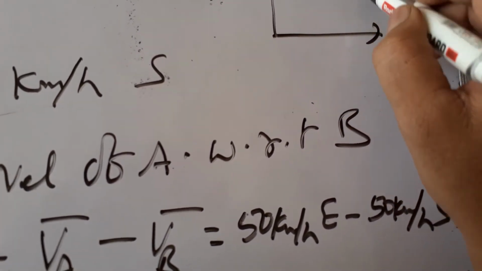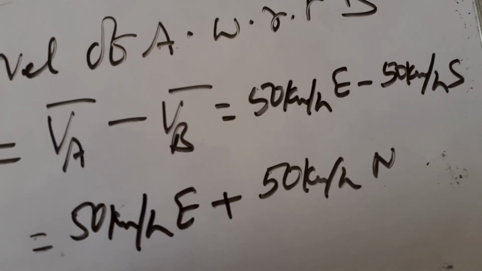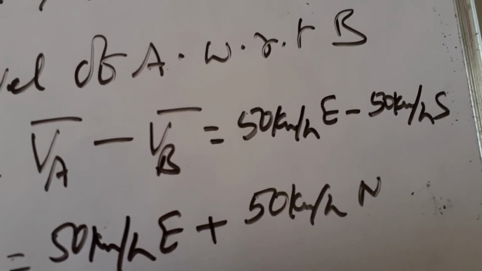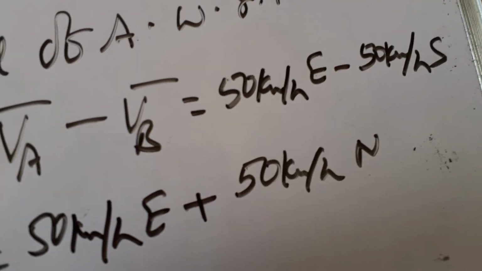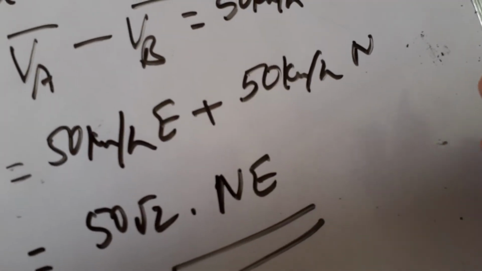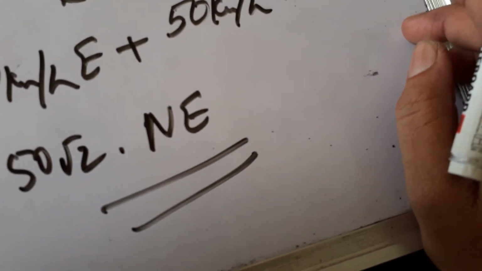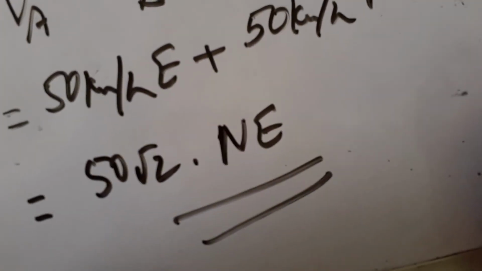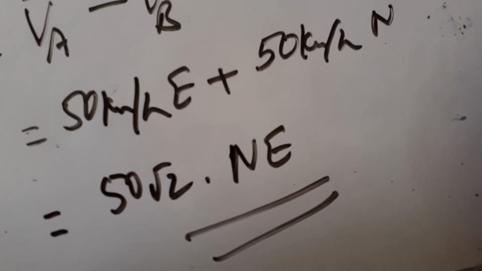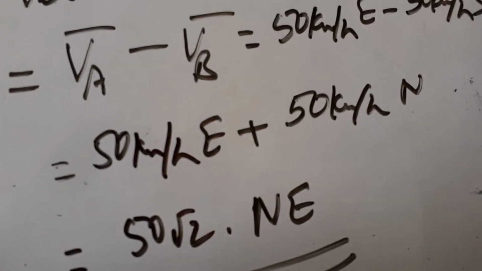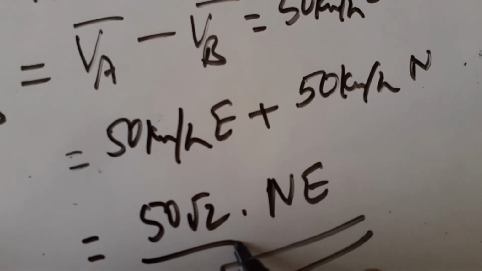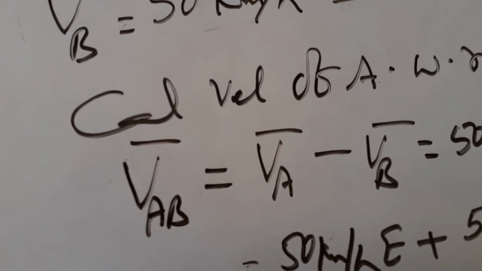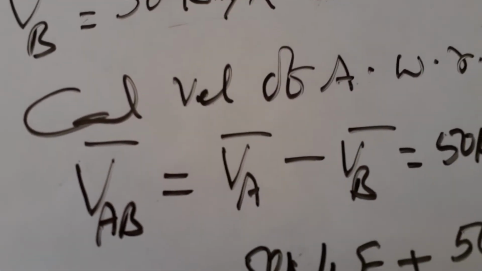Plus means addition. Take the resultant. We get 50 root 2. Direction: this is north, this is east, so northeast direction. So that is the relative velocity, velocity of A with respect to B. It is in the northeast direction, and the magnitude is 50 root 2. So these are about subtraction of vectors used in physics.